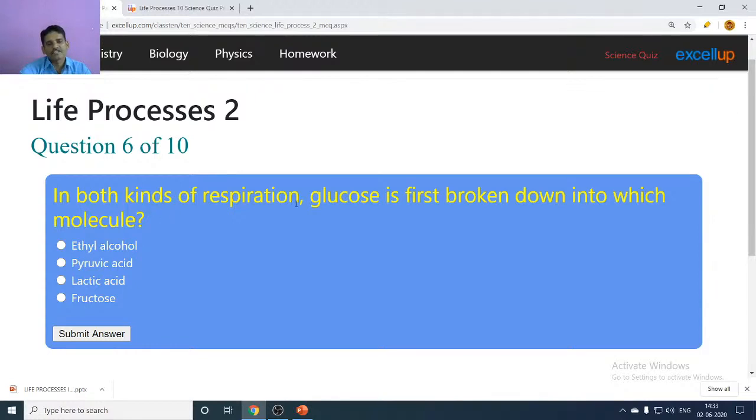In both kinds of respiration, aerobic and anaerobic, glucose is first broken down into which molecule? What is that process? Glycolysis. What happens during glycolysis? Glucose breaks down into pyruvic acid.